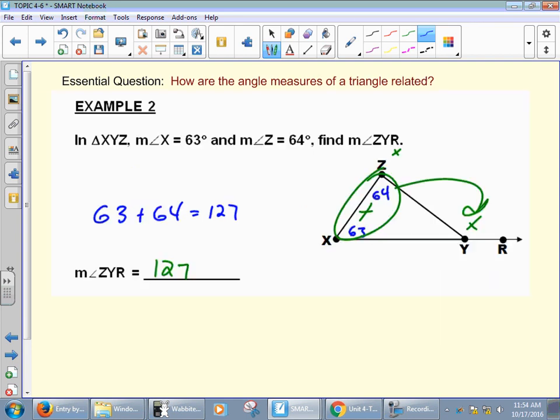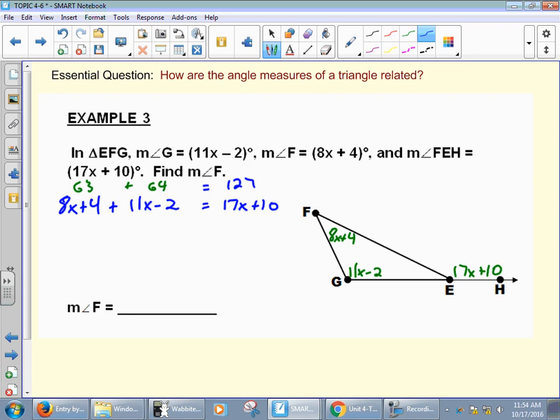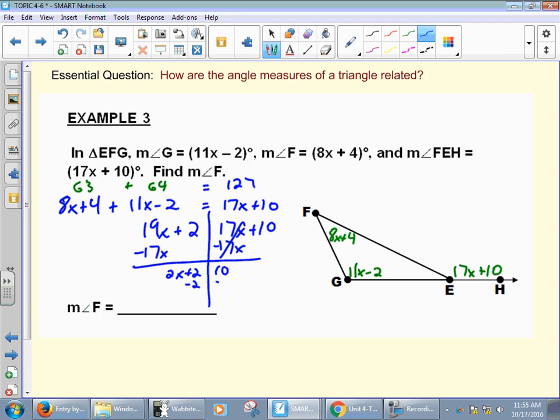All I did was take my numbers there, and now I've got expressions and just plug them in. So how many x's do I have? 19x plus 2, equals 17x plus 10. What do I do next? So I get 2x plus 2 equals 10, then what? Minus 2, and 2x equals 8.